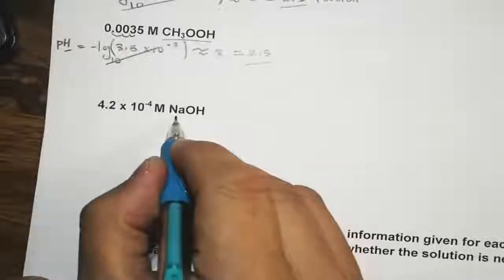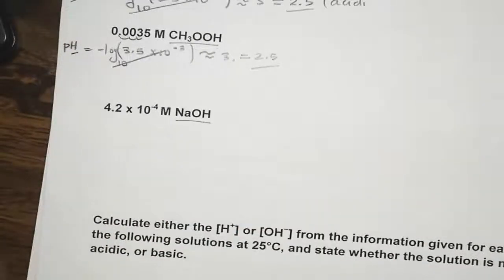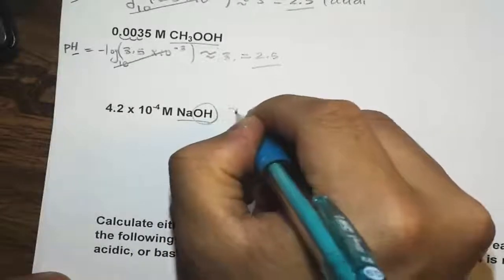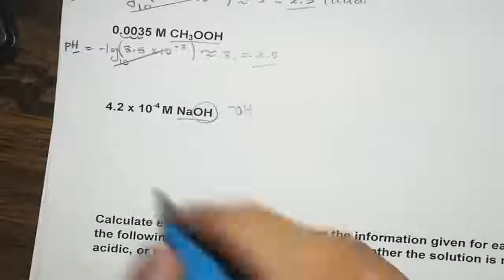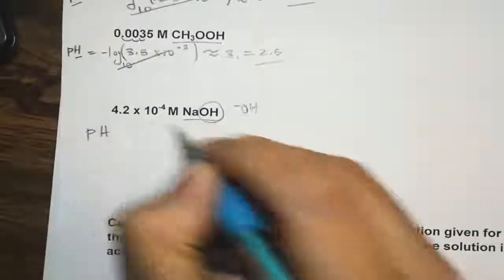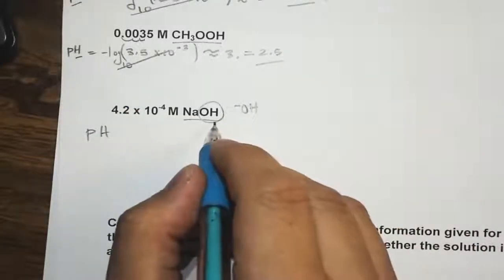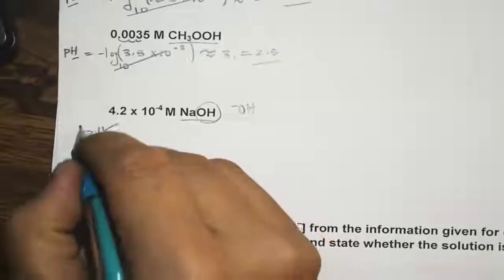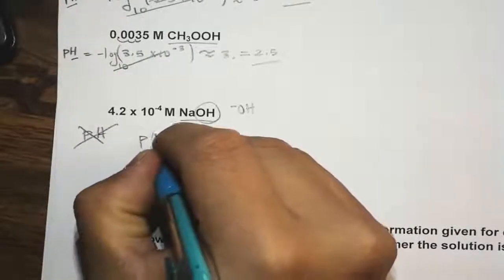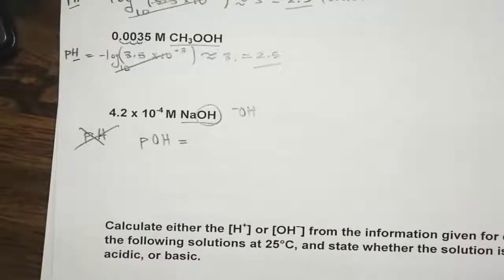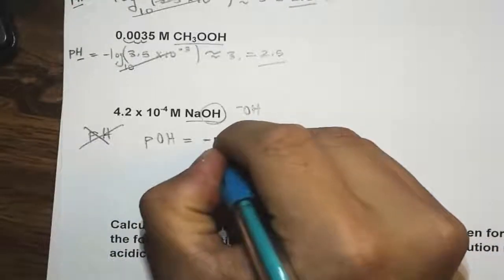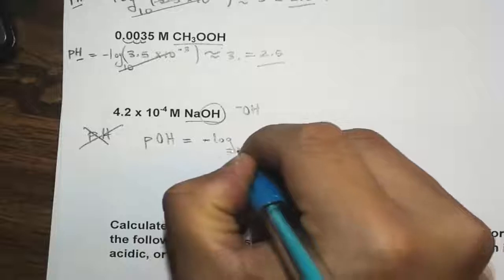Now look at this, we have a base which is going to produce the OH minus. So can we use pH to determine the concentration of OH? Of course not. We have to use pOH, okay? And of course p is equal to negative log. In this case it's going to be negative log of what?